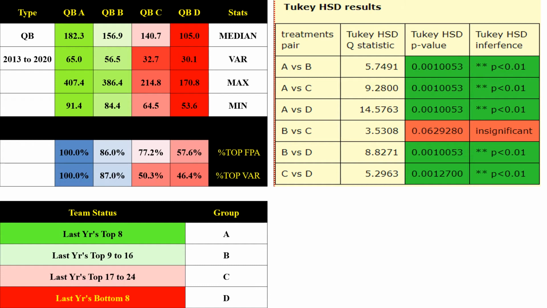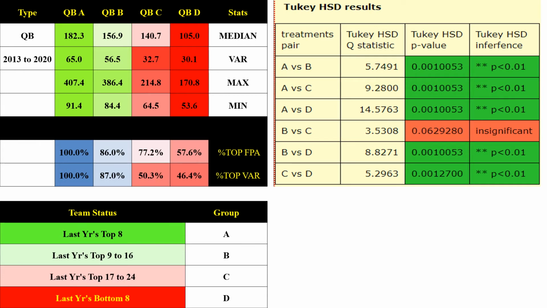The above average is not much different than the below average. You see here it's insignificant, but it's better than the worst. And even the above average and below average are better than the worst. So the worst teams have the worst quarterbacks, and that is statistically significantly different than all the other teams.